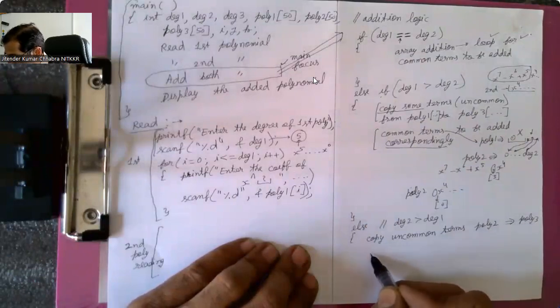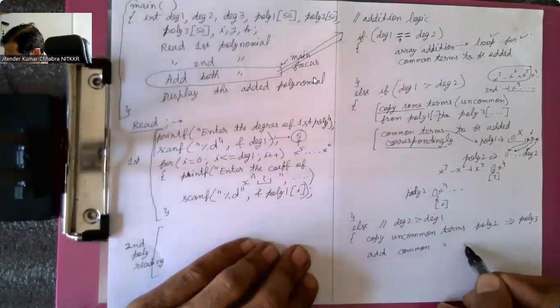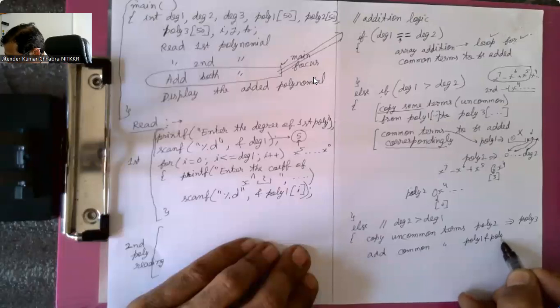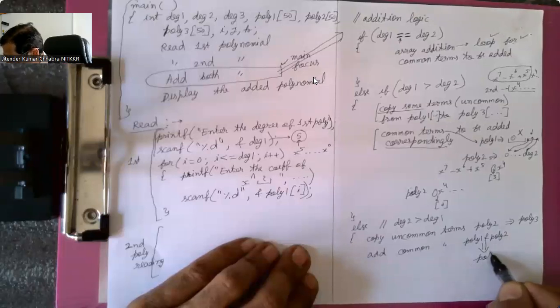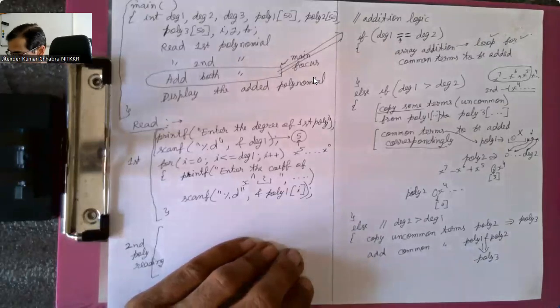And then add common terms. In this case, of course, poly 1 as well as poly 2 correspondingly are to be added and go towards poly 3. So if I am able to make this logic, my program is almost ready.